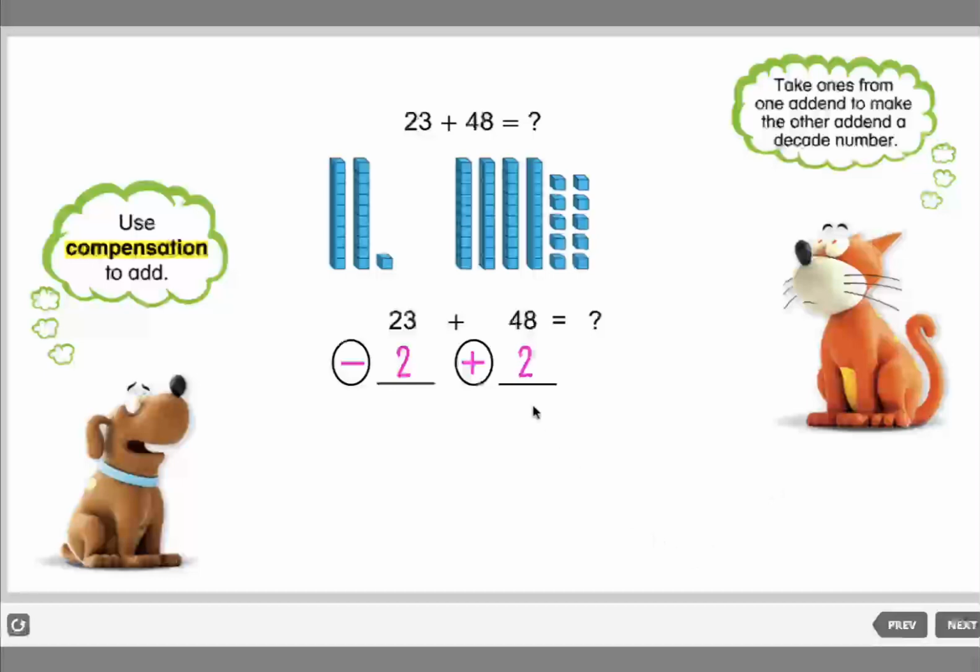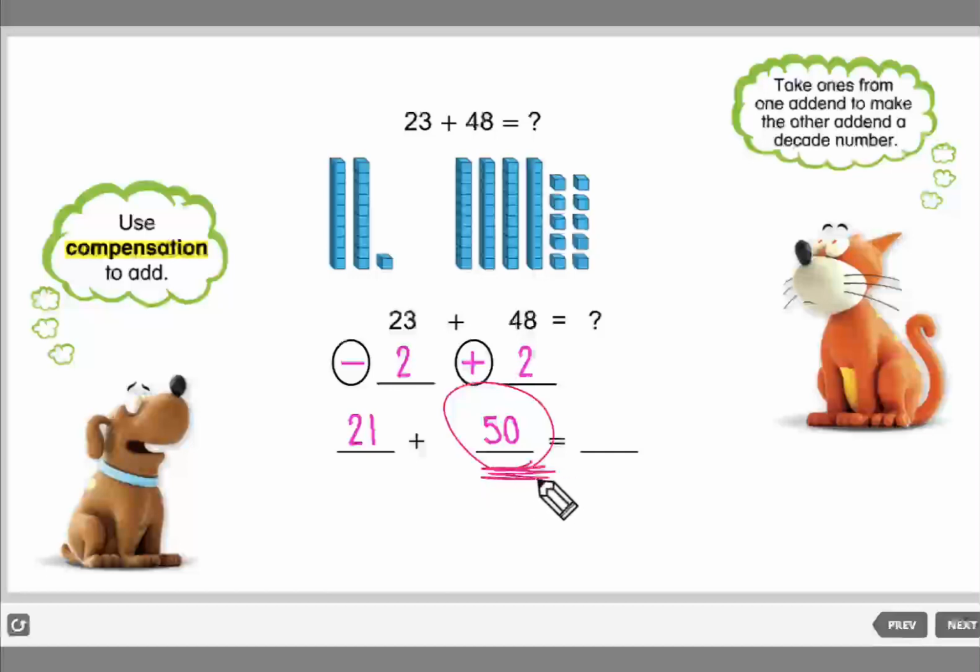Okay, we are doing this to make the 48 a decade number. So, now subtract 2 from the first addend and add it to the second one. The first addend will be 23 minus 2 is 21. And 48 plus 2 equals 50. Now, 50, this is a decade number.